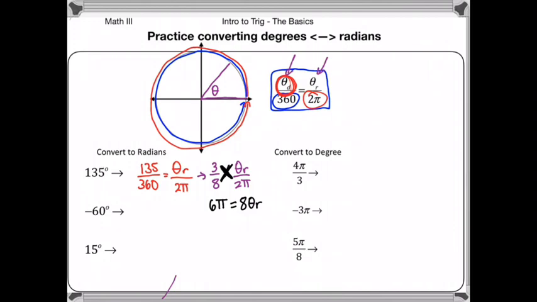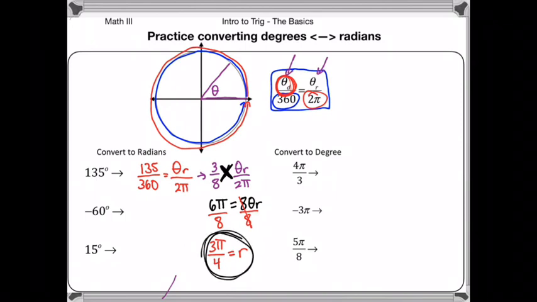Okay, and then I want to know what theta r is. That is in radians, so I divide each side by 8. Those go out, and I end up with 6 pi over 8, which is the same as 3 pi over 4 radians, okay? And so, that said, 135 degrees equals 3 pi over 4 radians, okay?